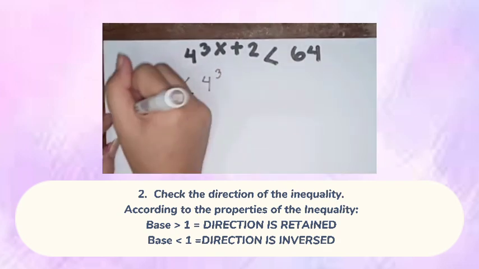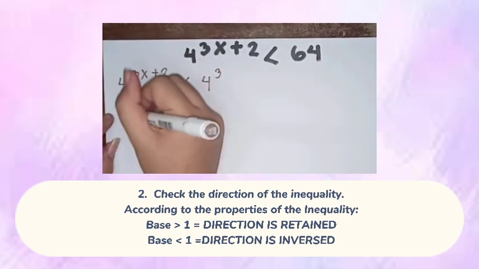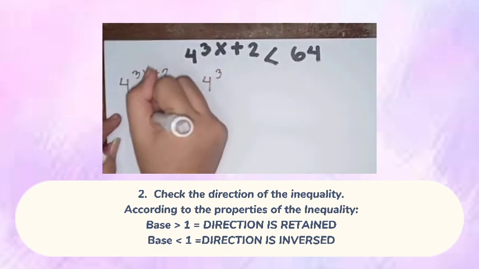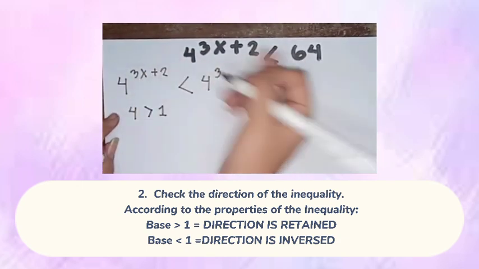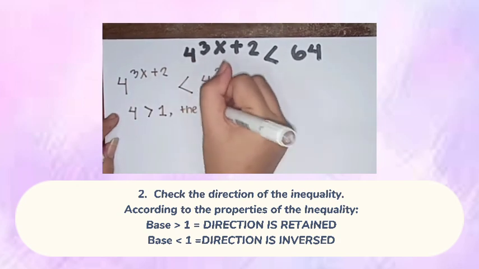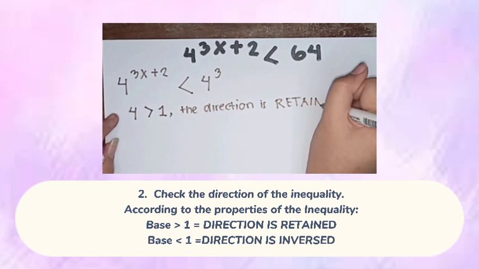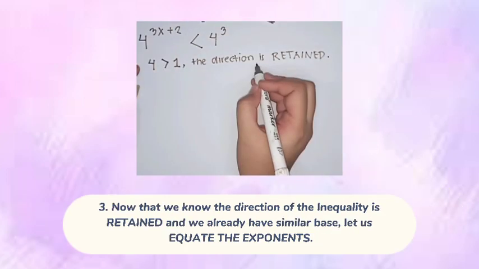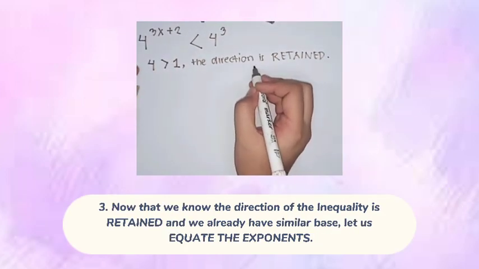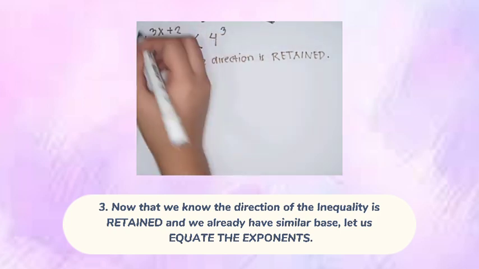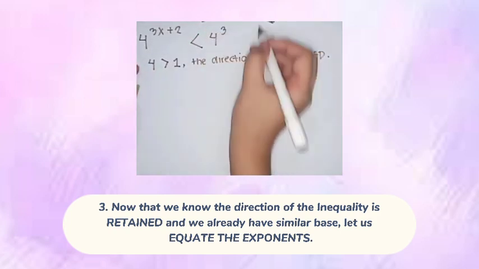So our base is 4 and 4 is greater than 1. Thus, the direction of our inequality will be retained. Since the direction of the inequality is retained and the base is similar, we can now equate the exponents.